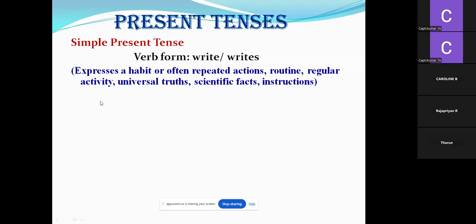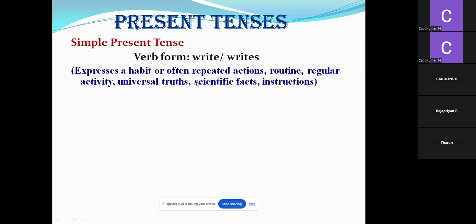So when do we use simple present tense? Simple present tense is used to express habit, often repeated actions, regular actions, routine activity, which we repeat at regular intervals, periodic actions. Then universal truth. Universal truth means the facts about our universe, our earth, the solar system, the planets.